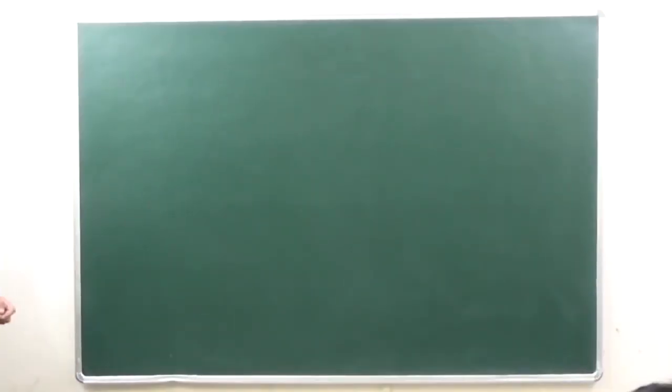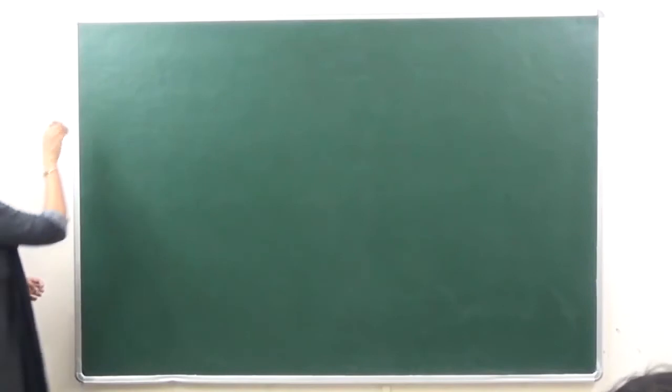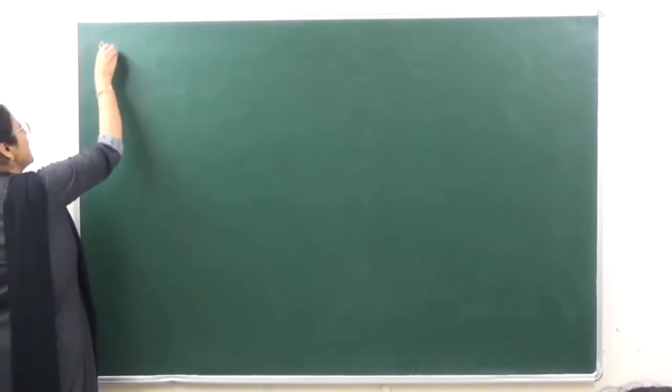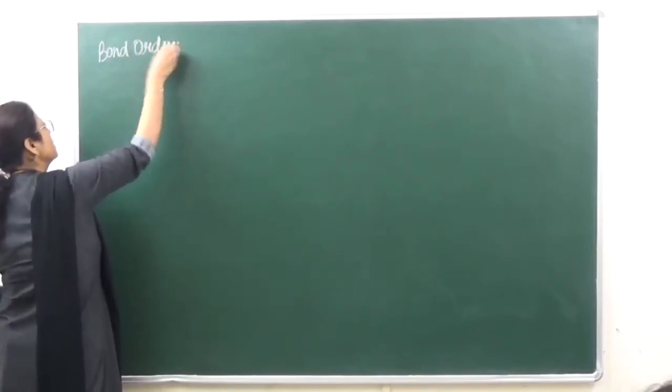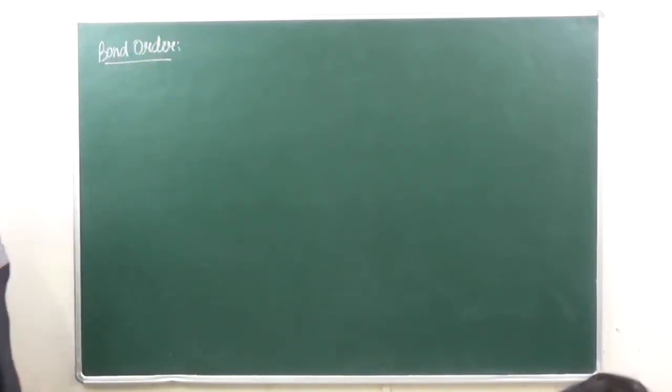So क्या है ये? कि the resonating structures help us to calculate bond order, right?